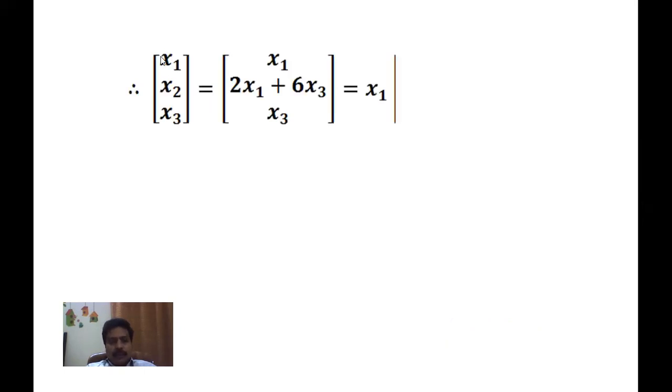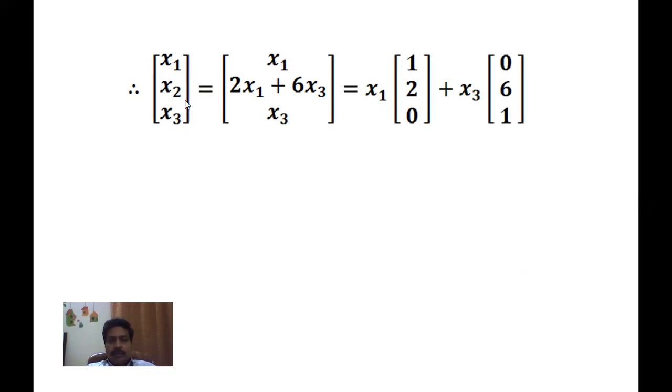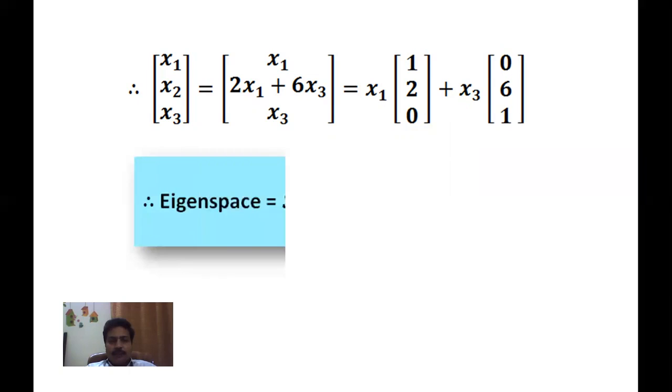So the vector x1, x2, x3 can be written as x1, 2x1 plus 6x3, and x3, which can be written as x1 times (1, 2, 0) plus x3 times (0, 6, 1). Here my vectors are these two, (1, 2, 0) and (0, 6, 1), in a much simpler form than the earlier one.